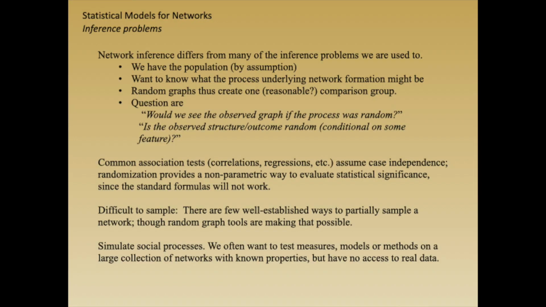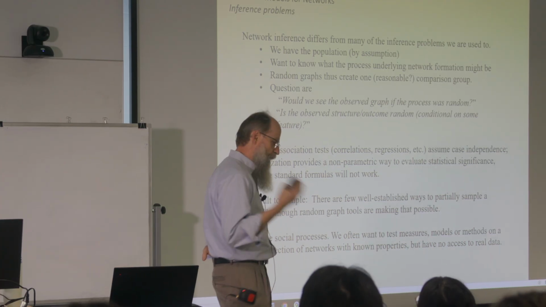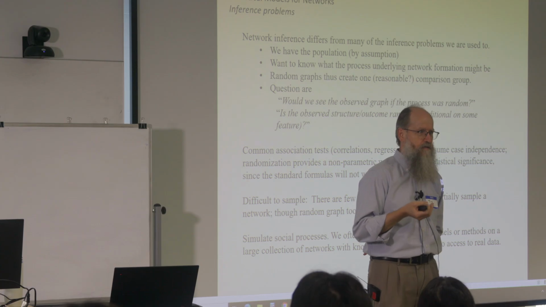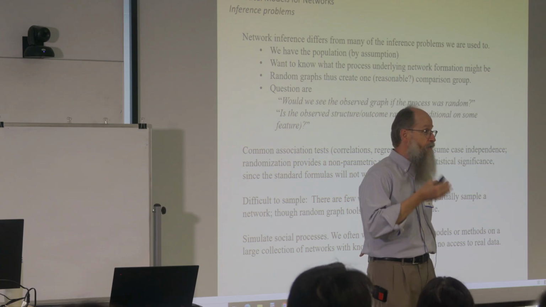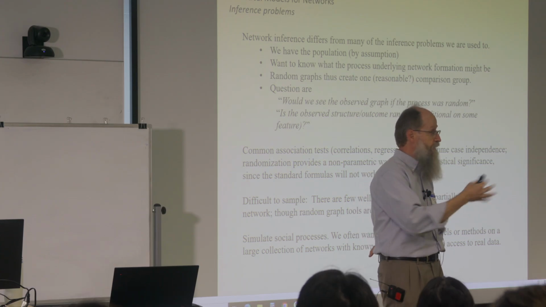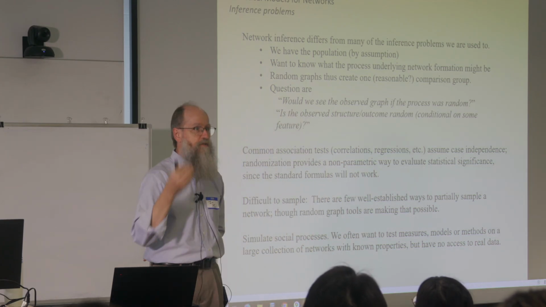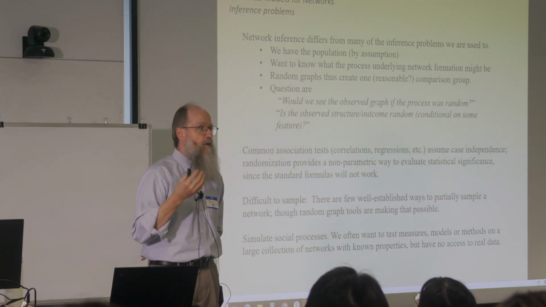So the first question is, I think, particularly for those who have come to the networks tradition from an ethnographic perspective or a social problems perspective. The first assumption of classic network analysis is we have the population. That's the boundary feature: I'm collecting data on every person in the network, and I have it fully and completely observed, and what do I need to infer to?